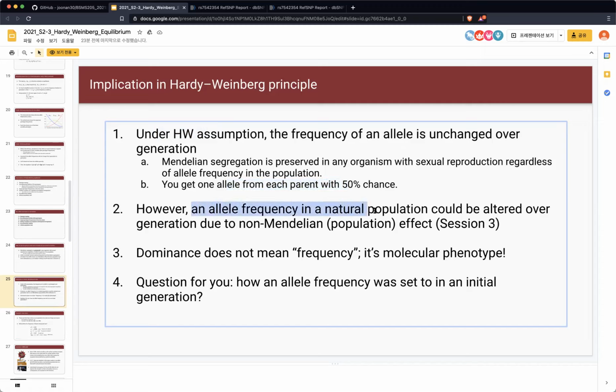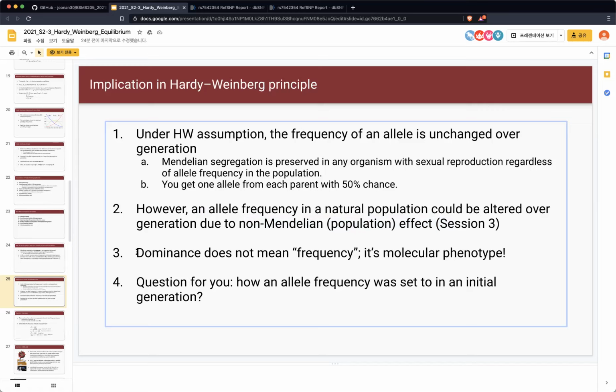The allele frequency in a natural population in the real world could be altered over the generations due to non-Mendelian effects, or we can say population effects. This is a critical theme in modern genetics and biomedical genetics, so I put this issue in session 3. We're going to learn it in our next session.